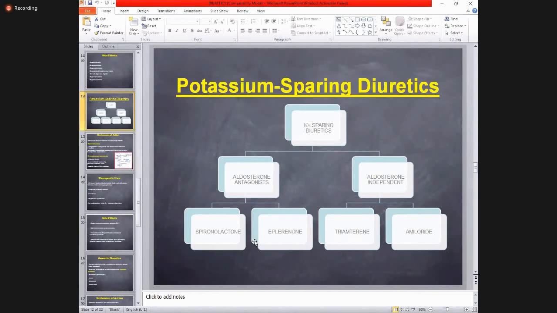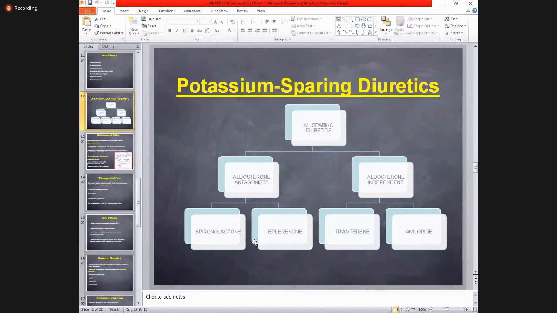Both loop and thiazide diuretics produce hypokalemia and hyponatremia. But one difference you must remember: loop diuretics enhance the excretion of calcium, whereas thiazide diuretics prevent the excretion of calcium.